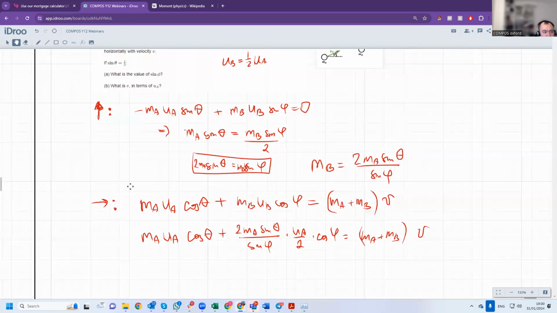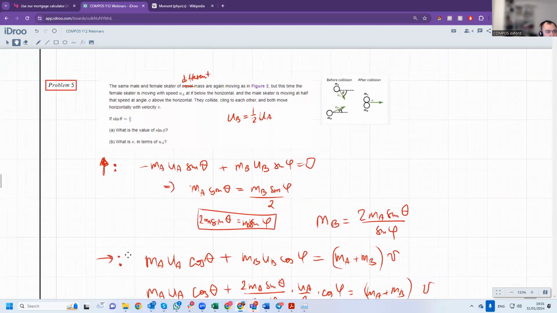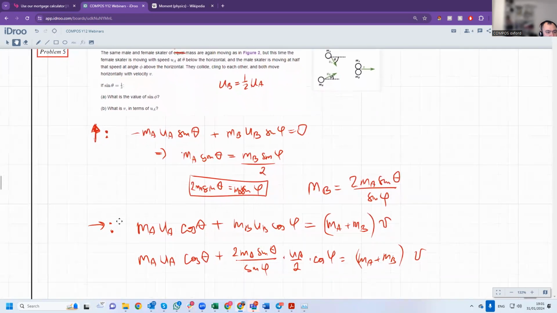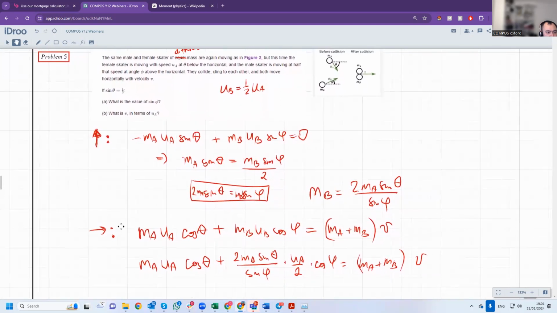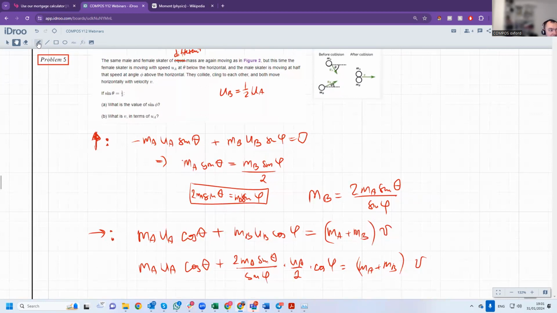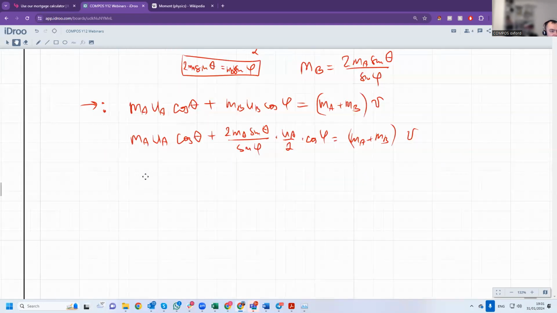What is the value of sine phi? Well, from the question they're asking, sine phi is going to be 2/3. What is V in terms of UA?